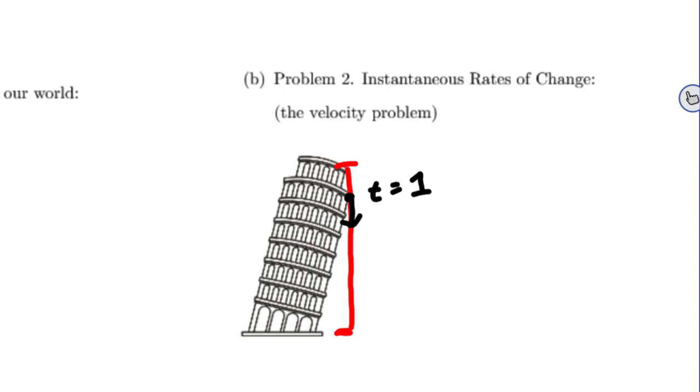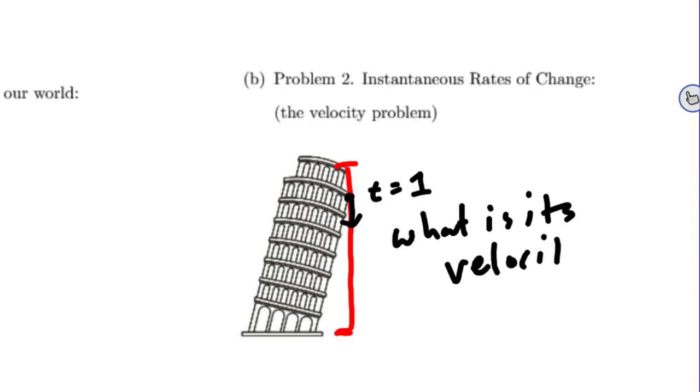Not what's its average velocity over the course of the fall, but at the time t equals 1, what is its speed? What is its velocity? I'm not going to be very careful about the word speed versus velocity yet. When we get into some story problems later in the course, I'll be more careful.